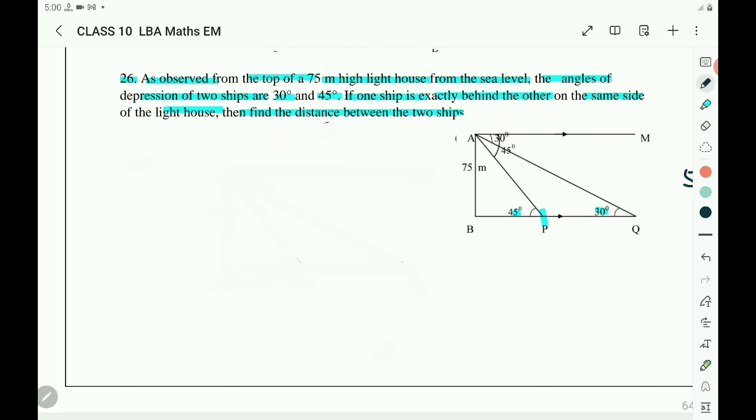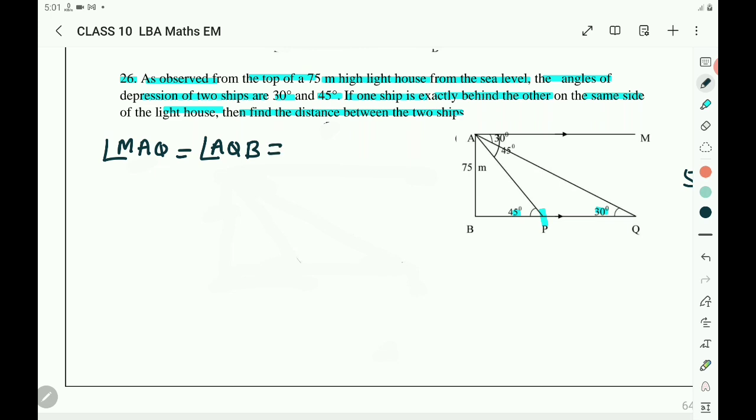Write that angle MAQ equals angle AQB, or AQP you can write.